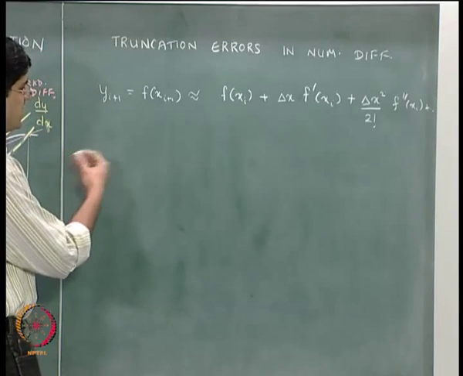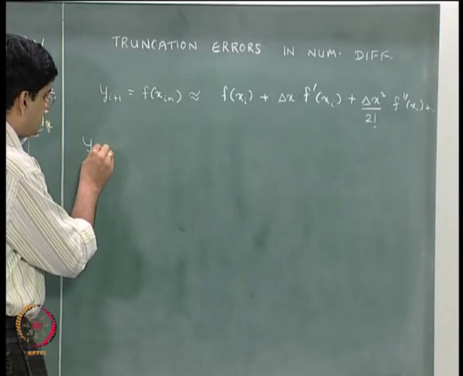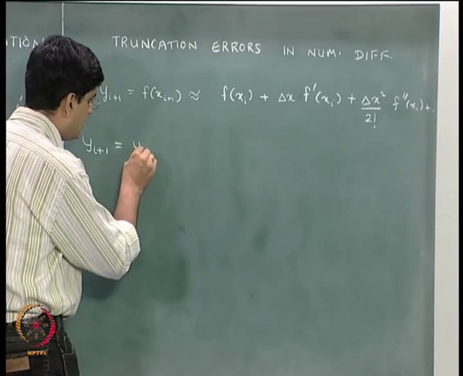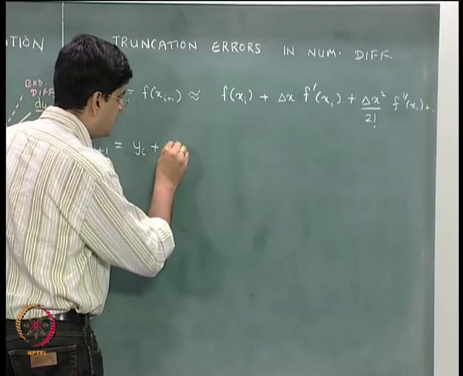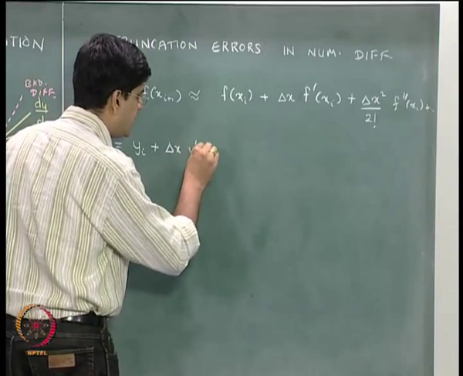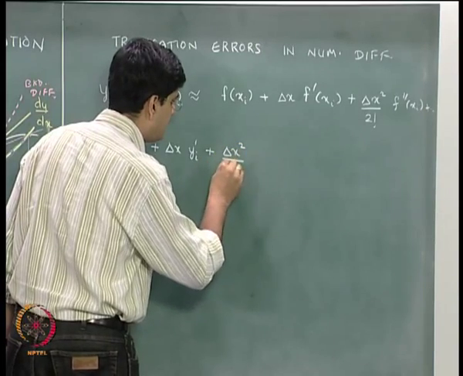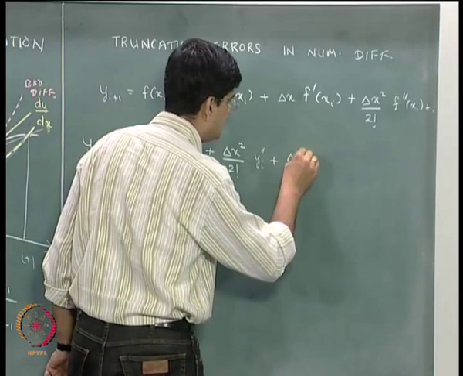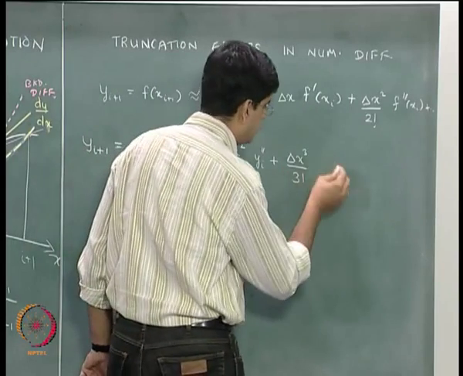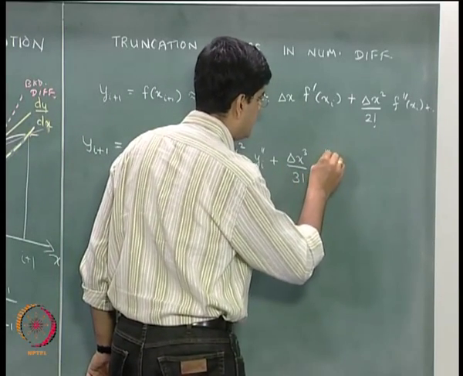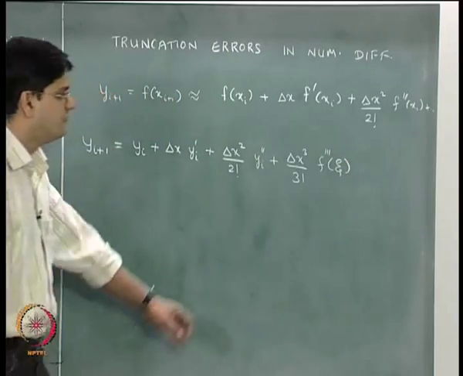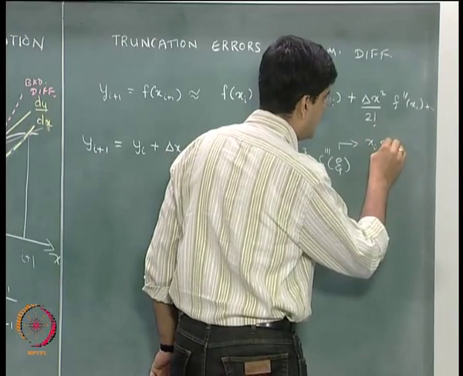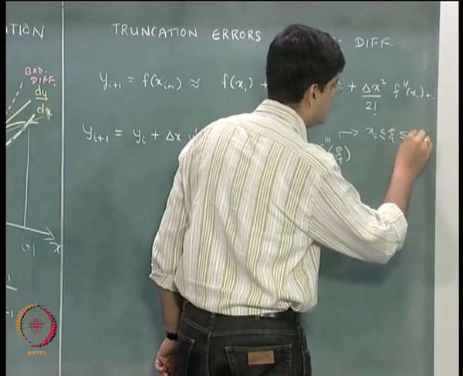Okay. So likewise we can write y i minus 1 also. So I'll just write y i plus 1 again in the shorthand notation. y i plus 1 is equal to y i plus delta x multiplied by y dash i plus delta x squared by 2 factorial multiplied by y double dash i plus delta x cubed by 3 factorial multiplied by, in this particular case, f triple dash of zeta, where zeta is some point lying between xi and xi plus 1.